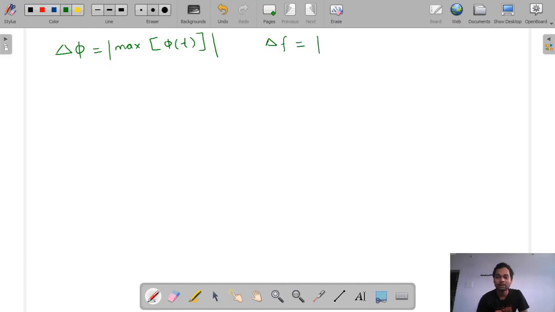This is given by the maximum of 1 by 2 pi times the differentiation of phi(t) with respect to t, and it is under the mod. If it comes out negative, we take the mod, so the value of delta phi and delta f will always be positive.